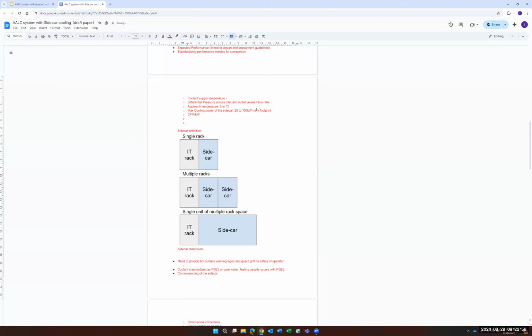Yeah. Can we say something like this, like per rack footprint, like this could be the power range. That might actually be a good thing.